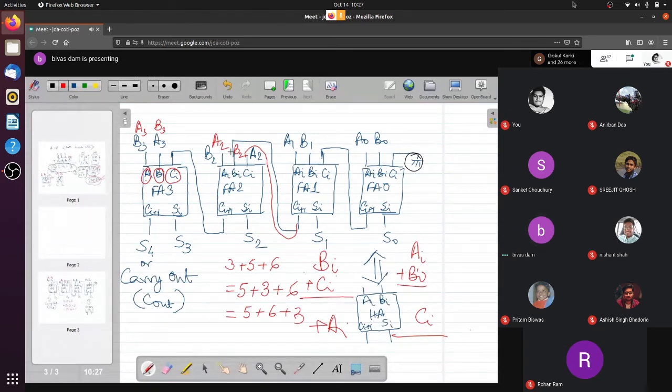As if I connected B2 to AI, C2 to BI, and A2 to CI, that also performs the same operation of A2 plus B2 plus C2, because internally it will be performing the operation of AI plus BI plus CI.